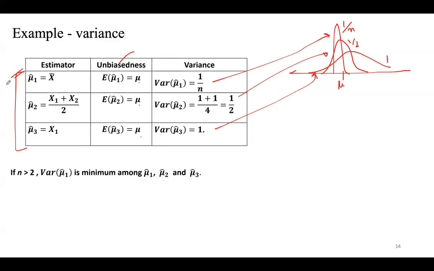Why are we denoting mu 1 cap? We can keep x bar itself or x1 plus x2 by 2 itself. Why do we keep one more notation? What is the purpose?